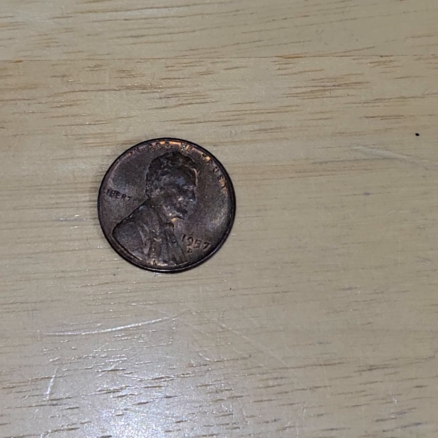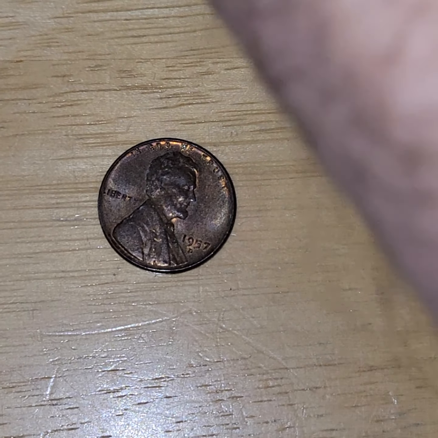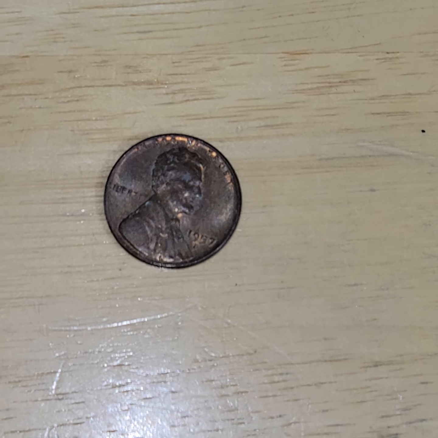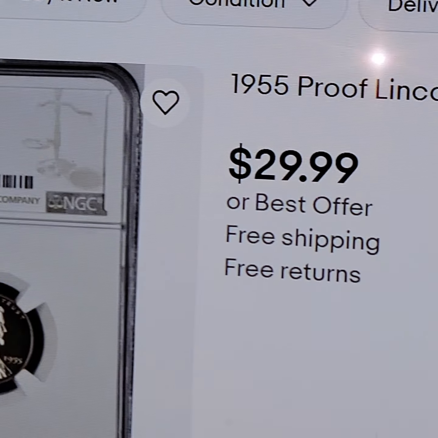Yeah, you want to see how much? Let me see. 1955 proof. I'm gonna say it's got to be at least a $20 penny. If I'm wrong, I'm wrong, but if I had to take a stab at it, that's what I would say. Okay, so I'm kind of right, but this is graded, right?